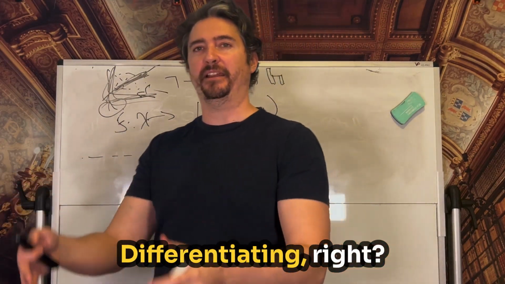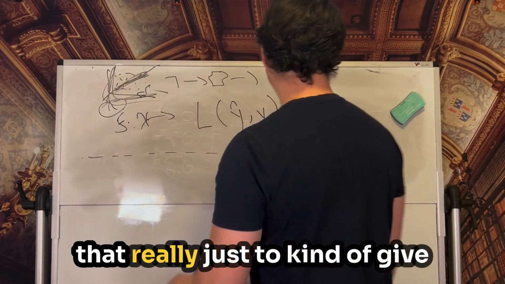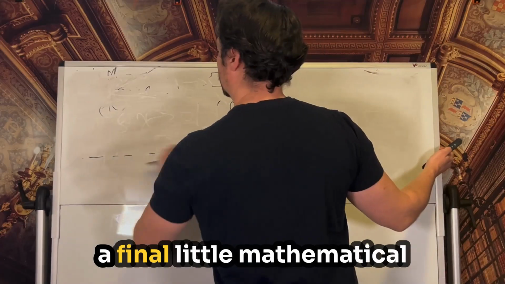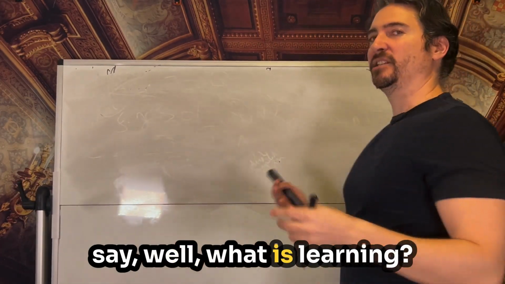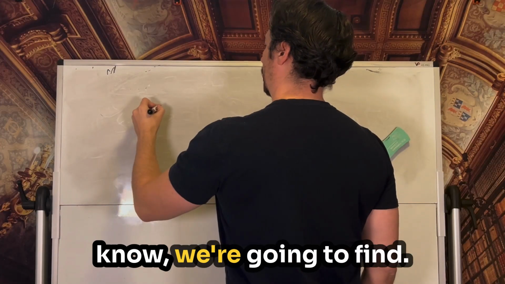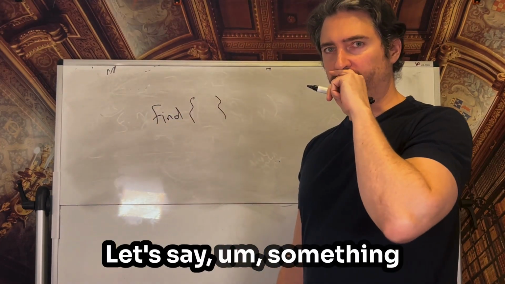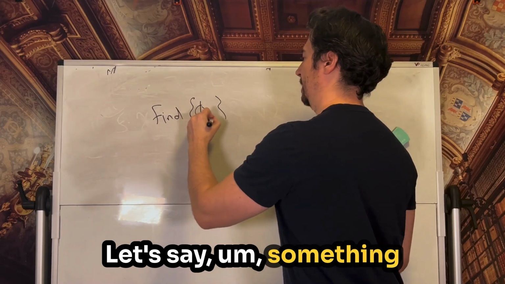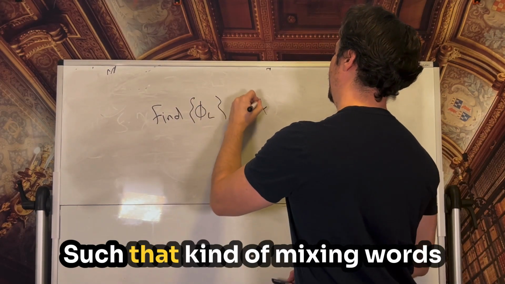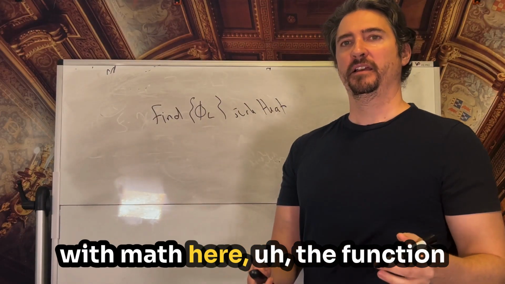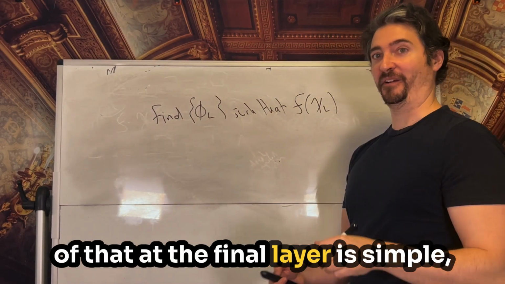Okay, differentiating. So, to give a final little mathematical expression here: what is learning? Learning becomes, we're going to find something at some layer such that, mixing words with math here, the function of that at the final layer is simple.